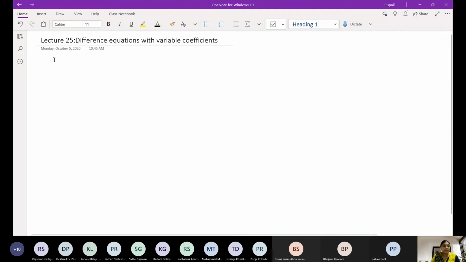Okay, so today we will see difference equations with variable coefficients now.